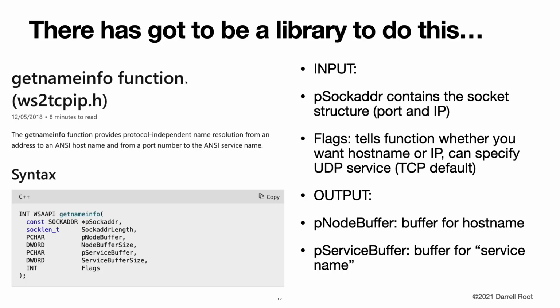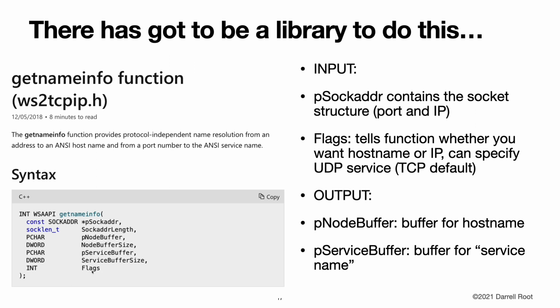You might be thinking that there has got to be a library to get the information out of the sockaddr, because that's just painful. And the answer is there is. There's getnameinfo in Windows. There's the getnameinfo function where we pass in our pointer to the sockaddr and we pass in our sockaddr length. If you remember, we got those from one of our earlier functions, and we pass in some flags to tell whether we want the host name or IP address.